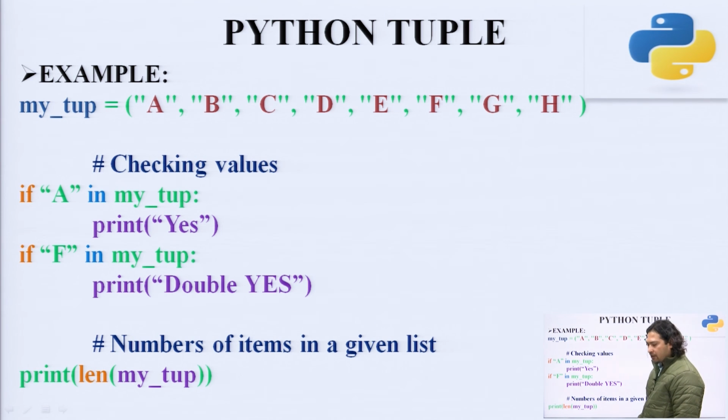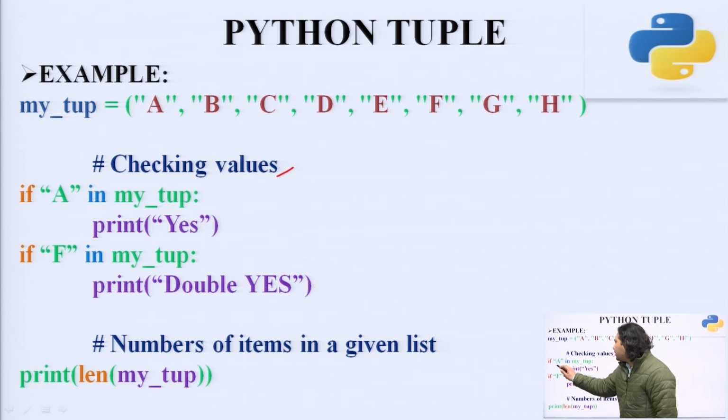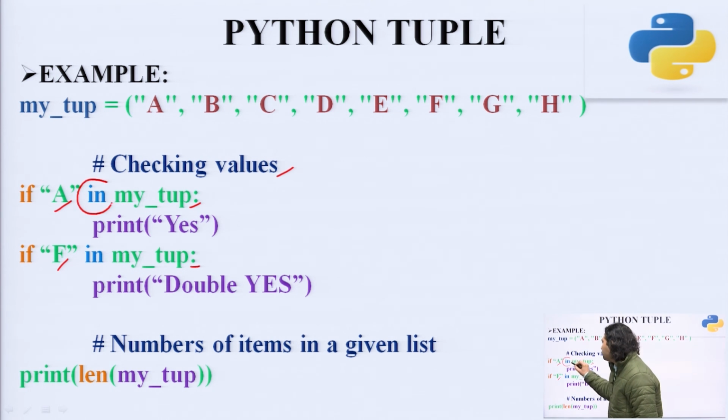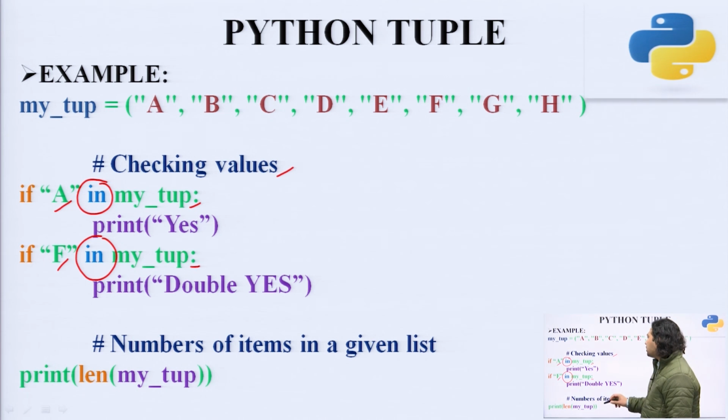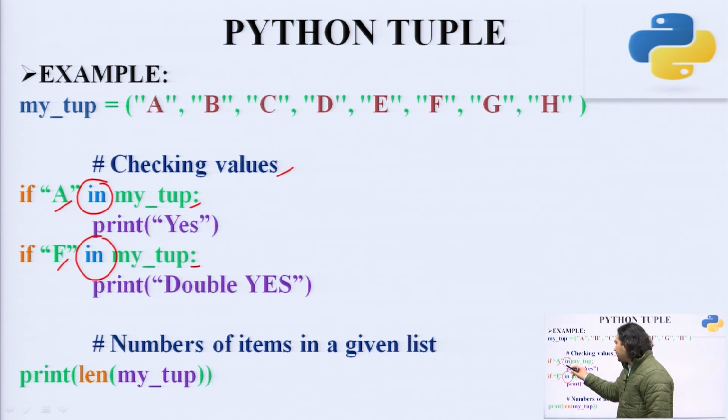Next, we are checking whether the values A and F are lying in the tuple or not, and I think it is very clear that you should use the membership operator. We are going to use the membership operator in. If this condition holds true, you will get yes.